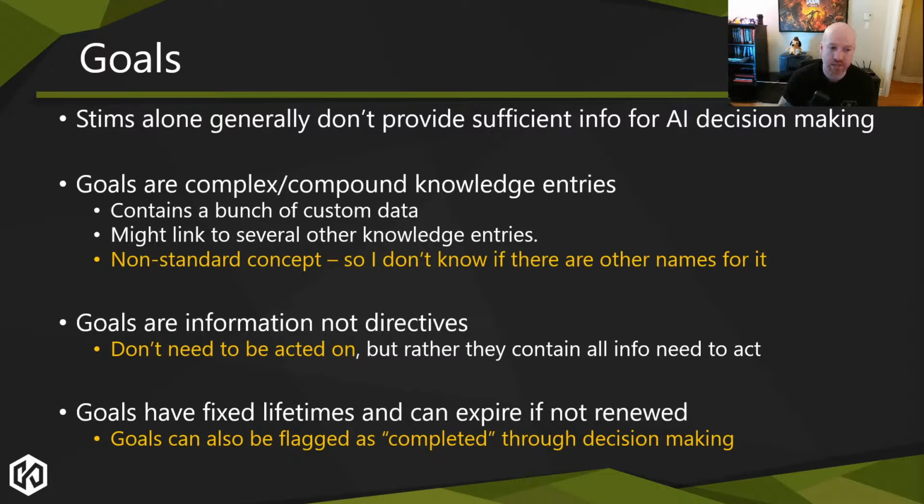Goals also have lifetimes and they can expire. And that's a very important concept for something like a reaction. So if, let's say, I hear an explosion, I might create a goal that says, hey, you need to do a combat reaction to an explosion. But the character might already be in combat.